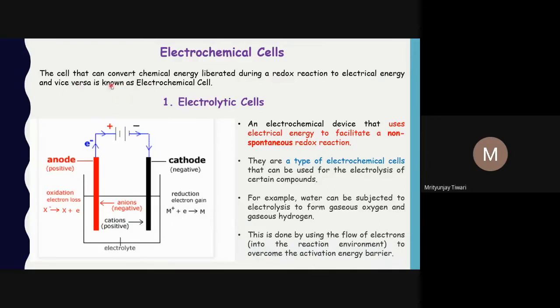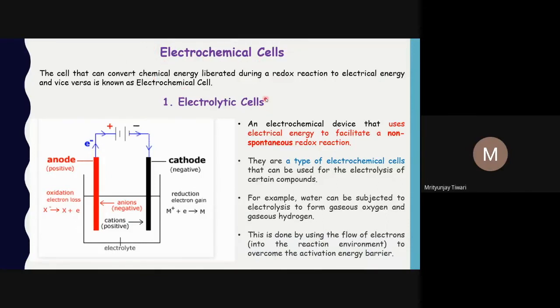So this is a device which can use the energy of a spontaneous chemical transformation and convert it into electrical energy, or it can provide electrical energy to make non-spontaneous chemical transformations happen. So electrochemical cells can be of two types.